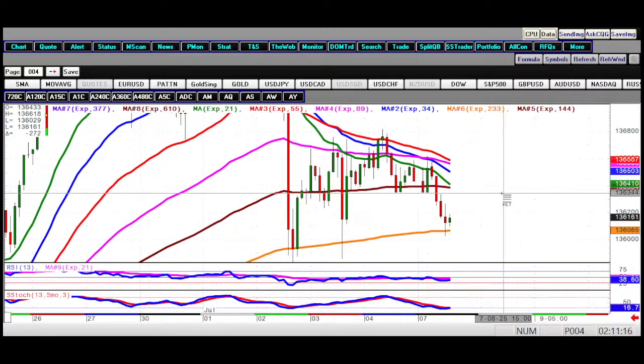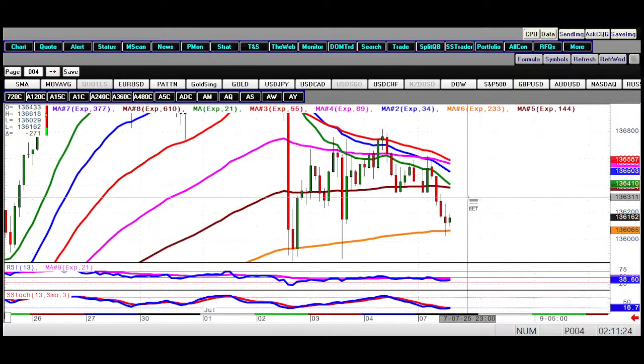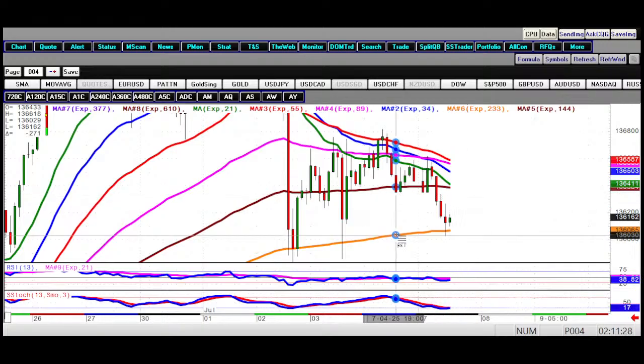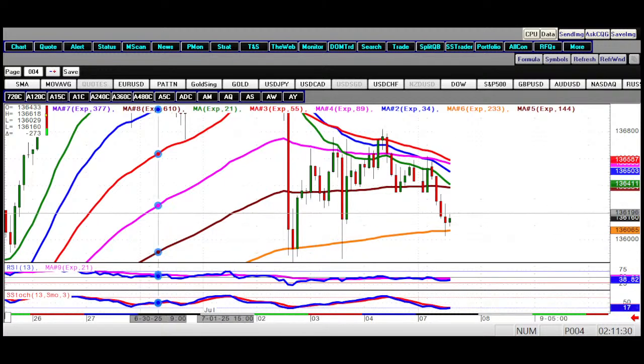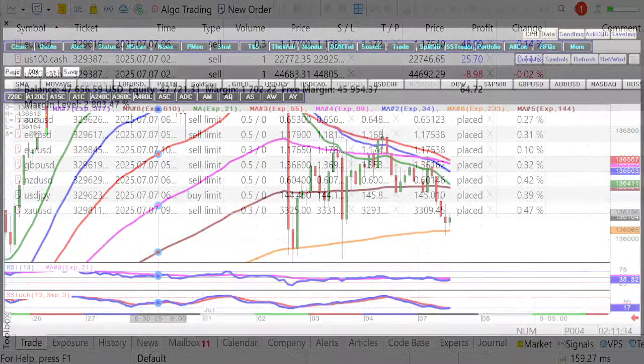About 40 should be a good level for a sell stop. So 25 sell, 35.95 TP, that means about 30 pips we are expecting from the market to be captured.